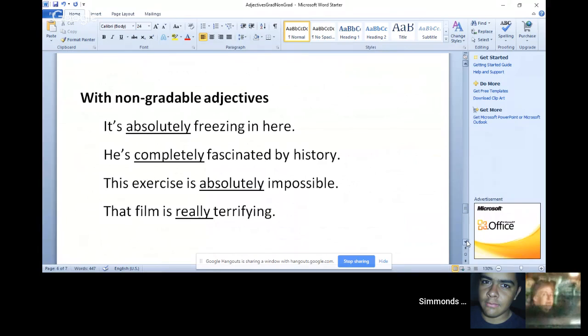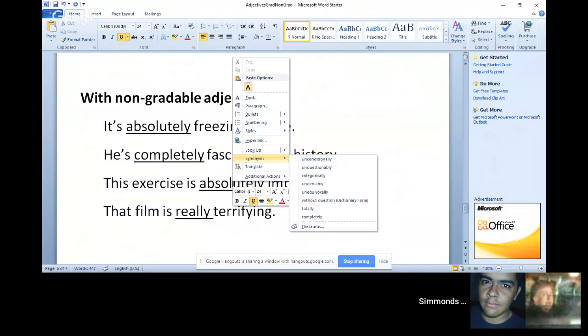So, with these non-gradable adjectives, we can use these intensifiers: absolutely, completely, really. Okay? So actually, I'm going to do a little trick here. We're going to look at the synonyms. So unconditionally, unquestionably, categorically, undeniably, unequivocally, without question, totally, completely.